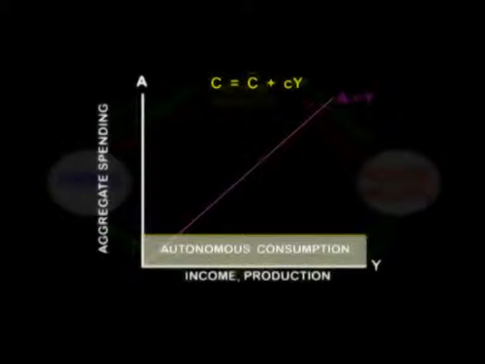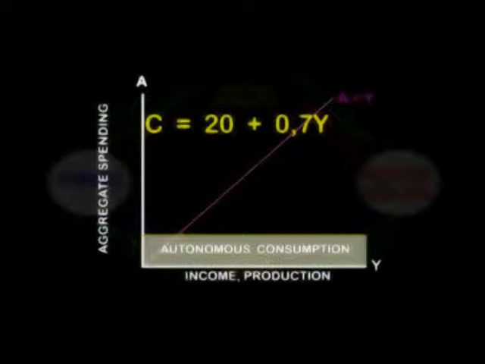The consumption percentage plus the savings percentage is always equal to 100%. So the full consumption function looks like this. C is equal to autonomous consumption plus induced consumption. And its graphic representation is this.